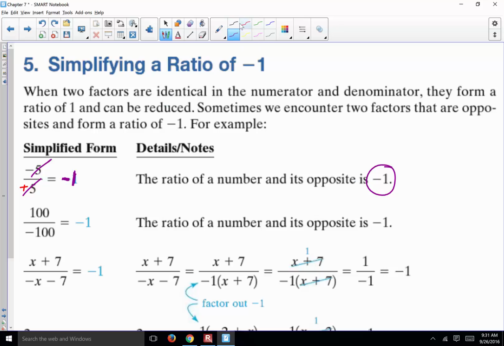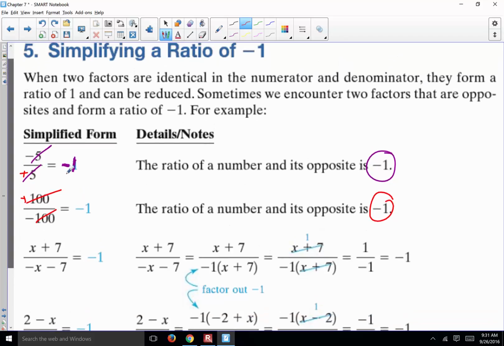Yeah. Same is true if you have more digits, 100 over 100 with opposite signs is still negative 1, no matter how many digits you have. Plus divided by minus gives minus. However, how do we do this with blocks? I told you you cannot cancel these because they are not the same.